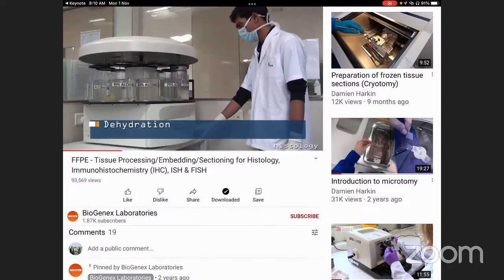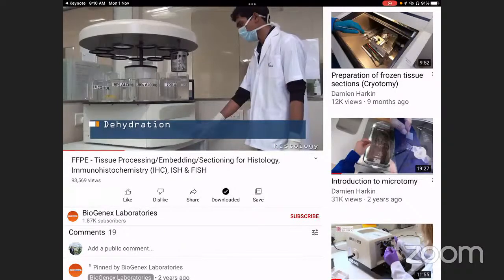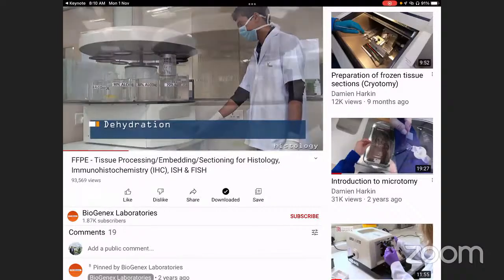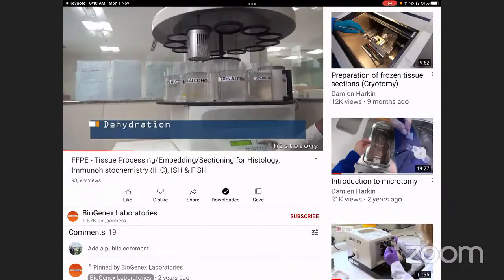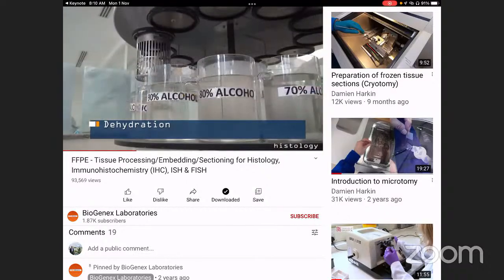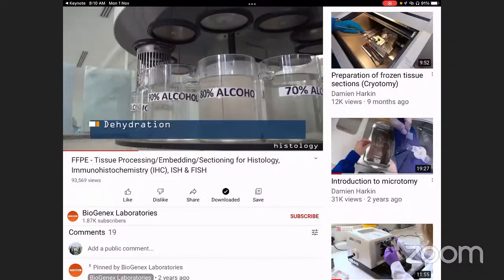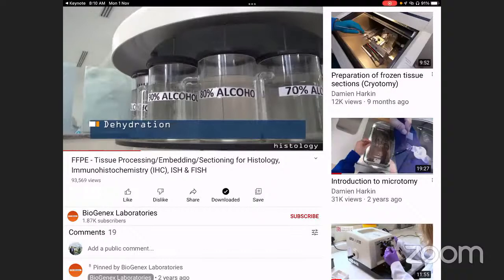Dehydration. Water is present in tissues in free and bound forms. Tissues are processed to the embedding medium by removing the free water. To minimize tissue distortion or shrinkage from dehydrant, delicate specimens are dehydrated in a graded ethanol series from water through 10%, 20%, 50%, 95%, 100% ethanol.